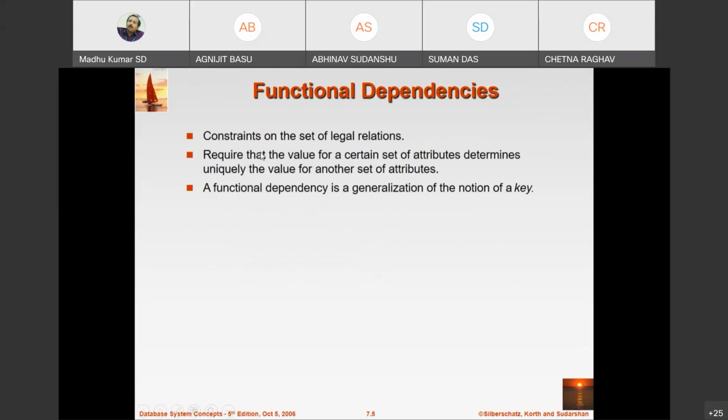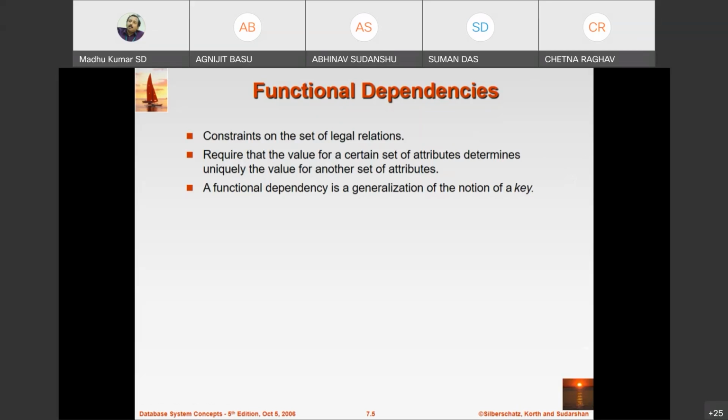Functional dependencies are constraints on the set of legal relations, or legal tuples in a relation.